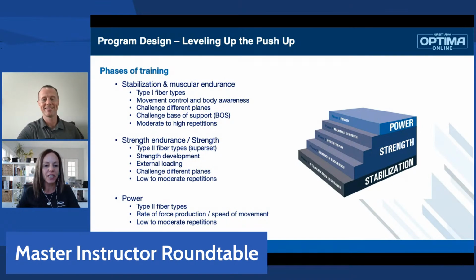So when we talk about the phases of training, what you want to think about is what it is that you're trying to accomplish. When we're talking about stabilization and muscle endurance, we're really focusing a lot on the stabilizers. The prime mover obviously is going to be working. That's what's going to help you produce the movement. But the stabilizers that protect the joint are super important.